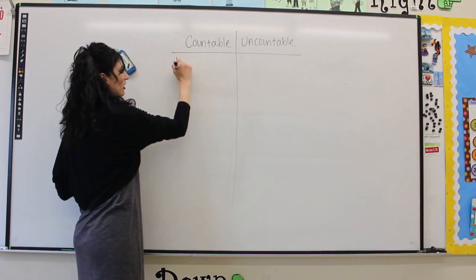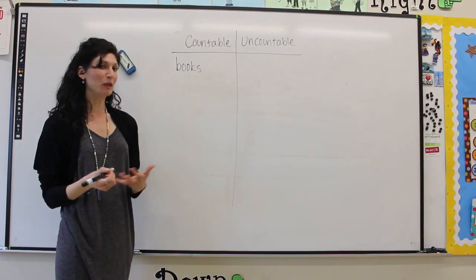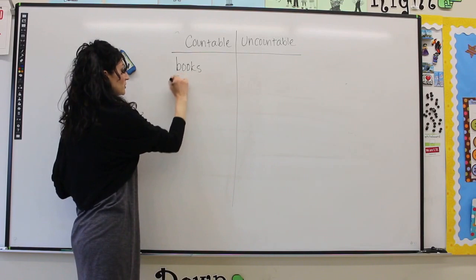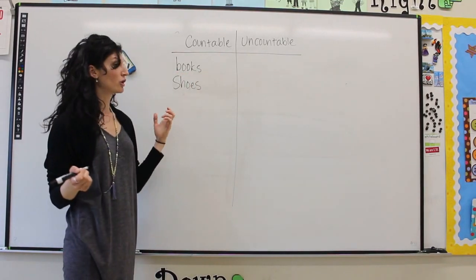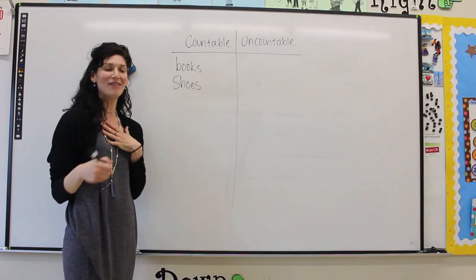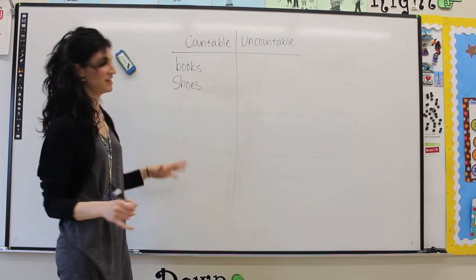So, for example, books. If I go into any old library, I can count the number of books in that library. If I go into my closet, I can count the number of shoes that I have in my closet. Well, maybe I can't, but most of you could probably count the number of shoes that you have in your closet.